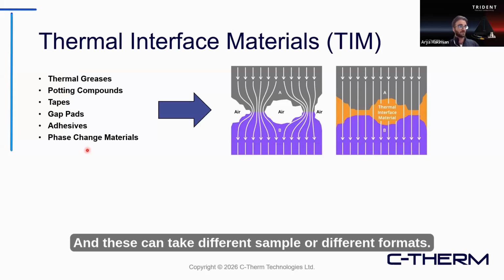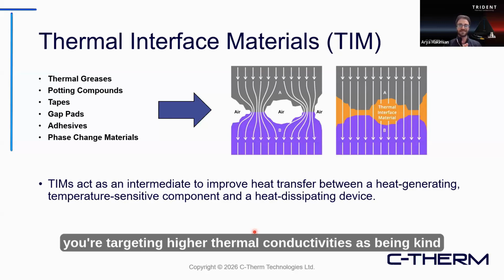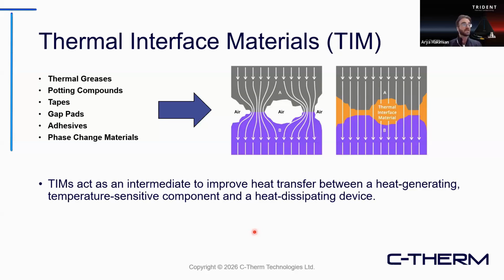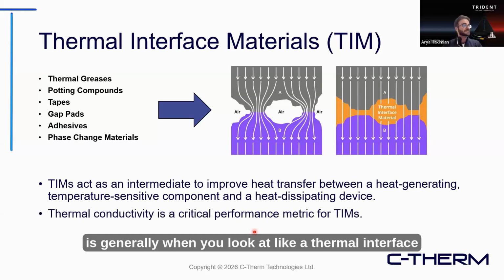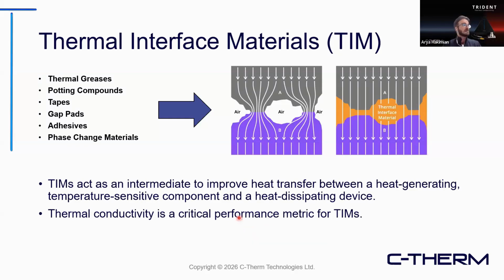These can take different formats, but the big thing is that they are here to improve heat transfer between components. So typically you're targeting higher thermal conductivities as being preferred. When you look at a thermal interface material technical data sheet, thermal conductivity will be specified as one of those key performance metrics.